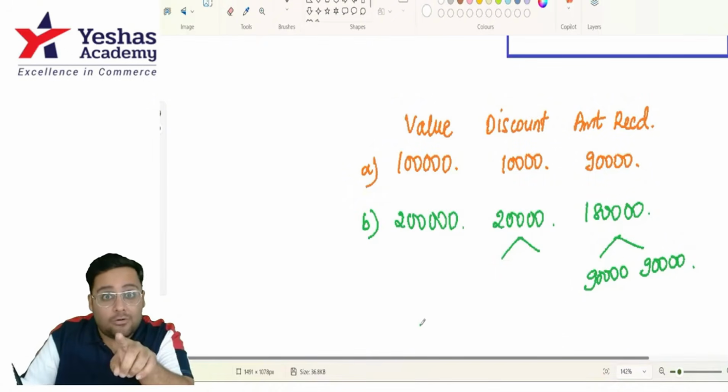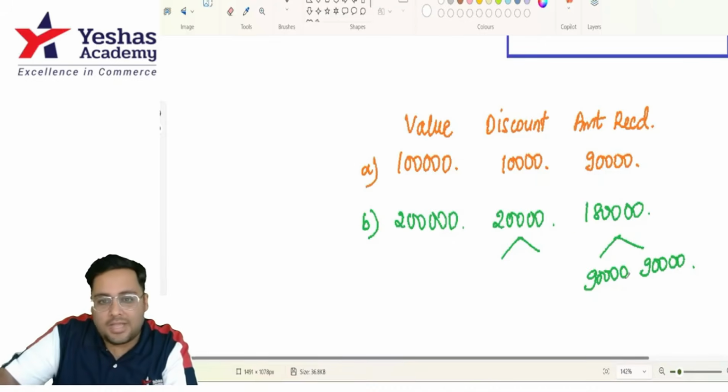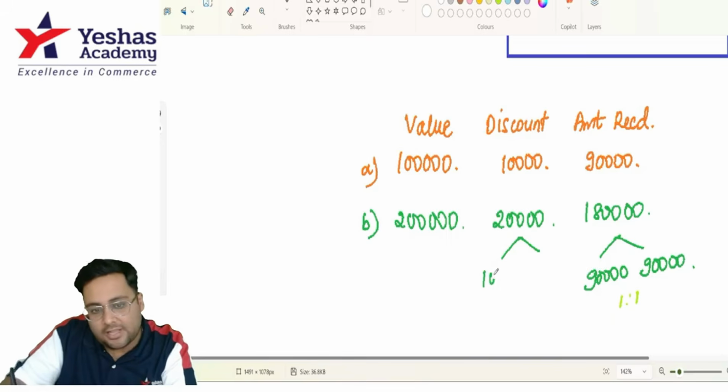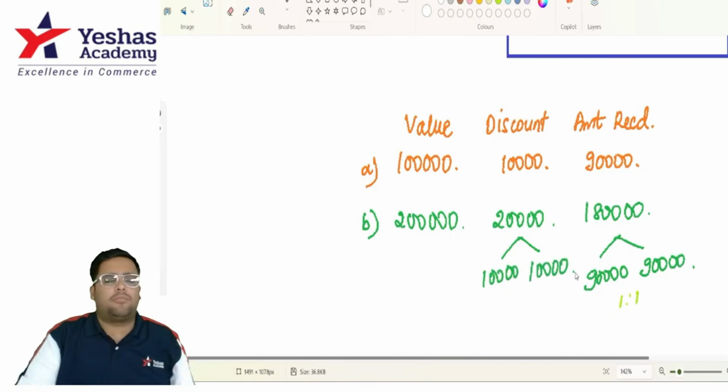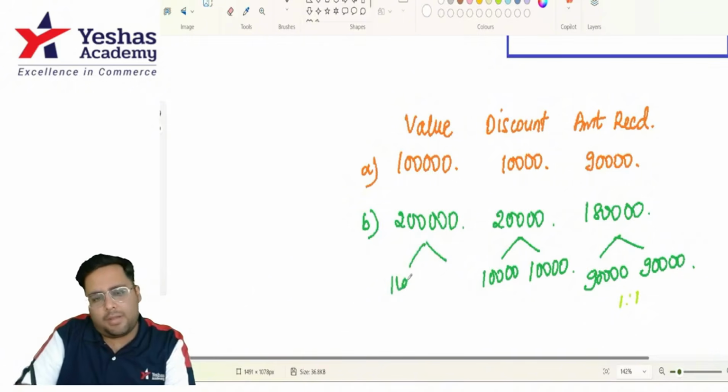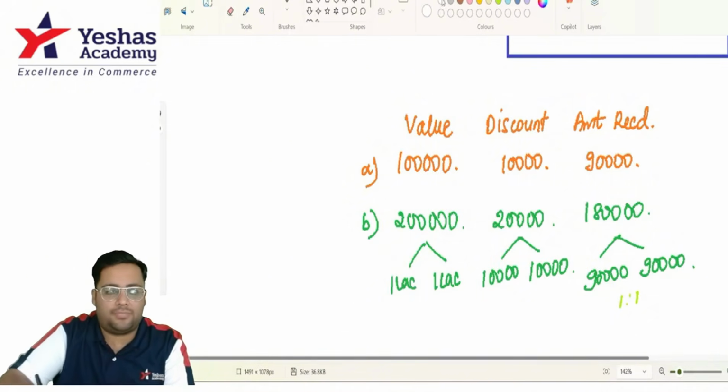This 20,000 discount also will be shared by both the parties. In which ratio? The amount is in the ratio of 1:1. Your discount also will be shared in the ratio of 1:1. 10,000 discount for Dhanush, 10,000 discount for student. What will be the repayment? On the maturity date, repayment will be 1 lakh by each party.